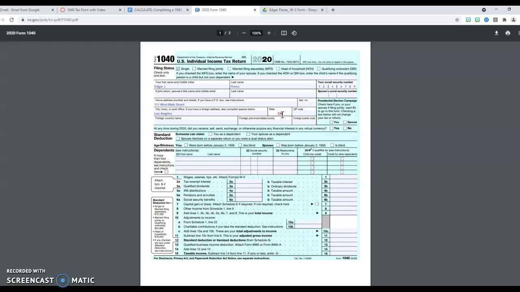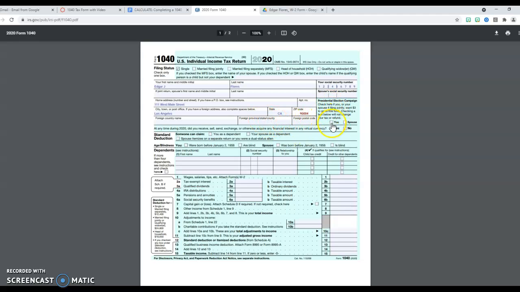And the zip code is 90004. It helps if you put that in the right spot. I clicked the wrong area. 90004. Okay?